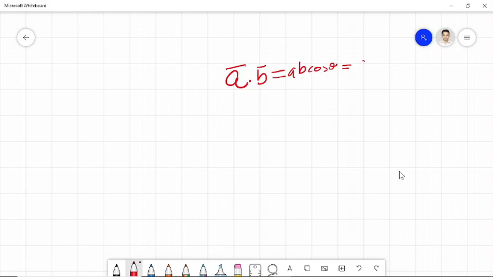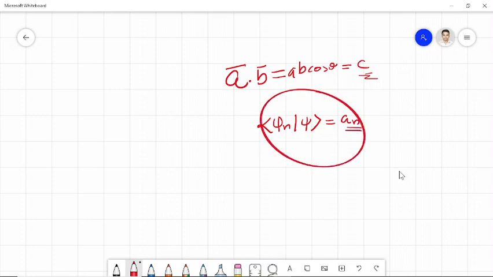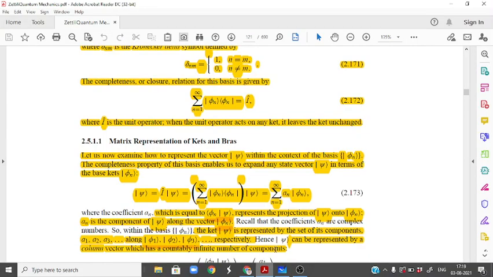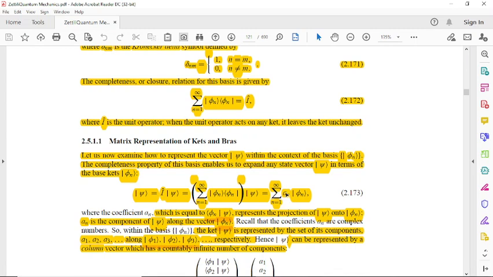For example, it is c. Similarly, the result of this inner product is an. So we will get the resultant an and the remaining ket phi n.